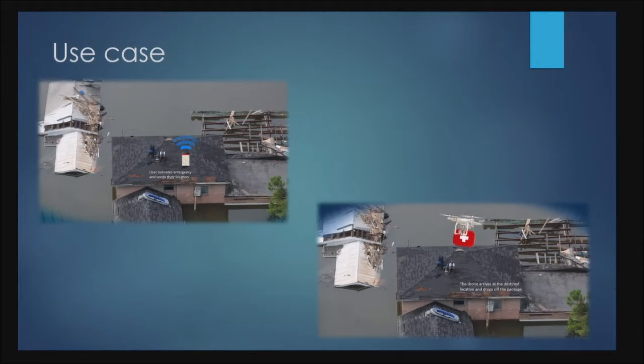So there would be a small server receiving the request, then it would be deployed to one of the drones in the fleet, and then the drone would fly and drop the package to the person in need, and then come back. So this is one of the use cases that we were thinking of.